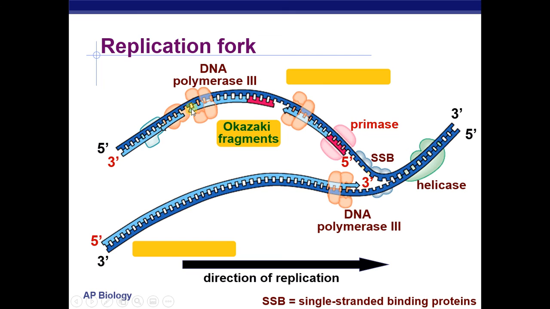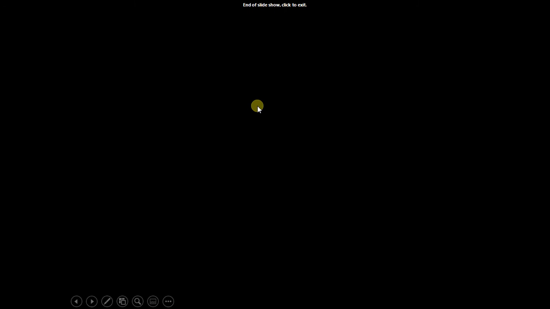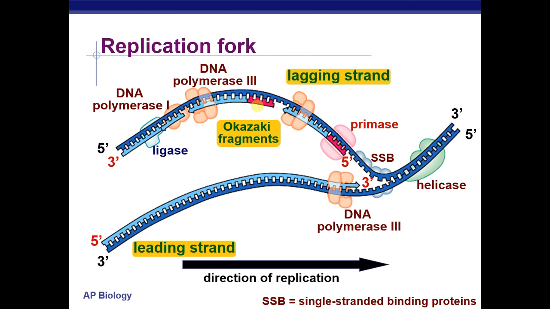Notice right here we've got an Okazaki fragment on the lagging strand, and continuous synthesis occurring on the leading strand from 5' to 3'. And then we've got ligase here welding together the Okazaki fragments as DNA polymerase 1 replaces the RNA primers. Okay, so that will be it for this video on DNA replication.